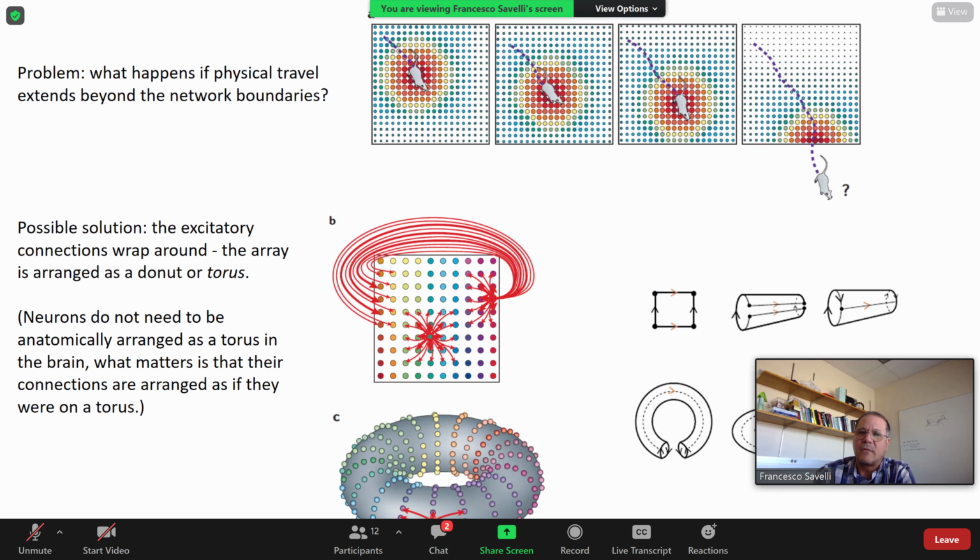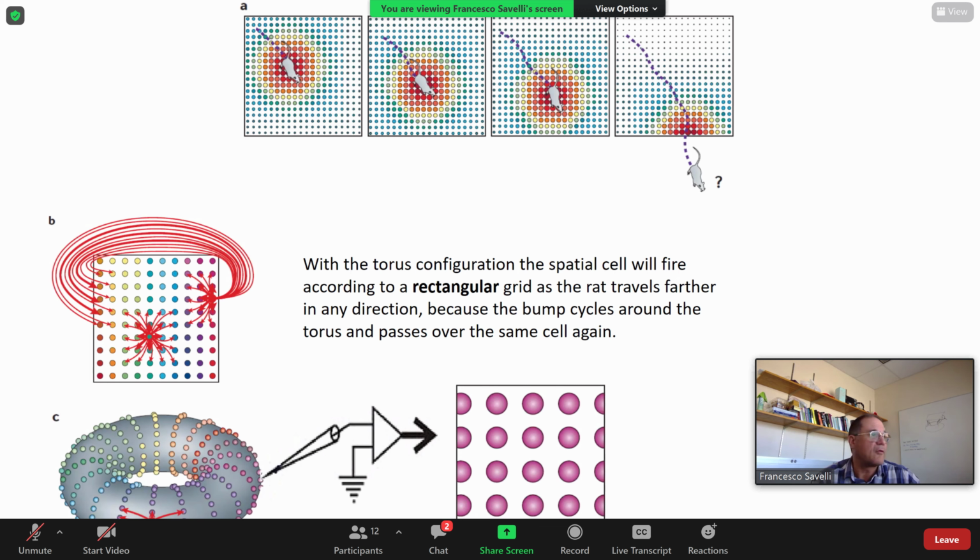As the rat moves around, now because things are wrapped around, if the rat is moving in this direction, it can go all the way around the donut. The rat keeps moving, but now the cell is firing again.